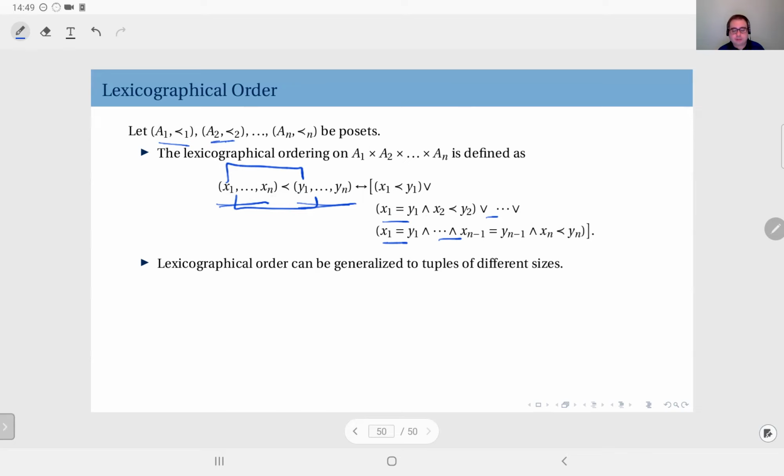Okay, so it goes on like that. This is what we call lexicographical order, and it has many applications, of course, again in total orders, etc.